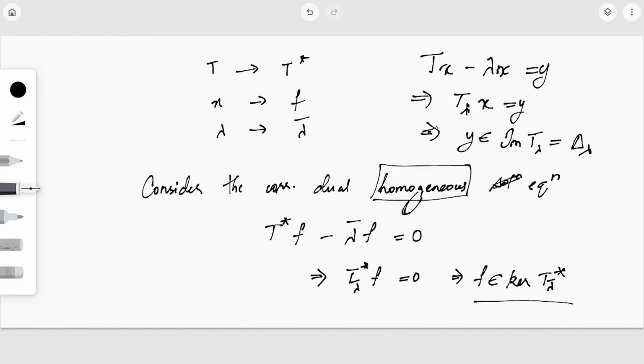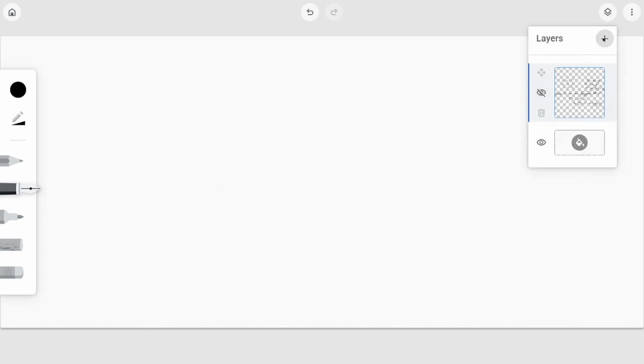So y is an element of del lambda and f is an element of the kernel of T lambda bar star. Now we have seen in the proposition that we discussed earlier that del lambda was equal to the kernel of T lambda bar star. So using this proposition, we can find a relation between the value of y and the corresponding solution of the homogeneous dual. That is, we can find a solution.